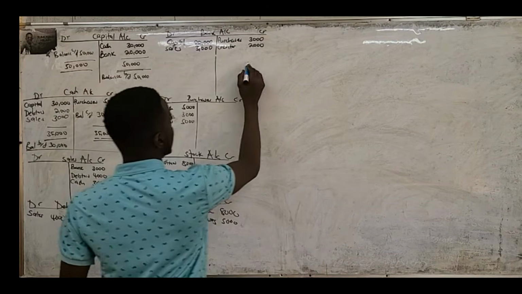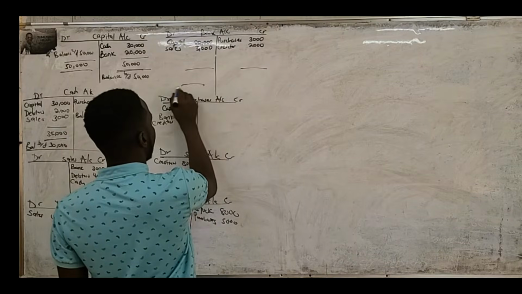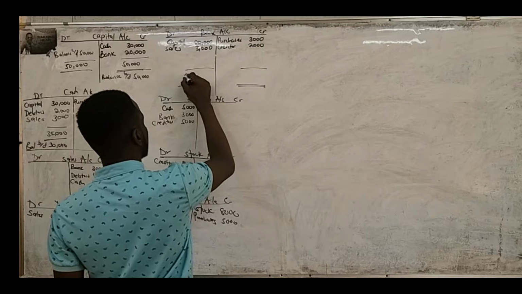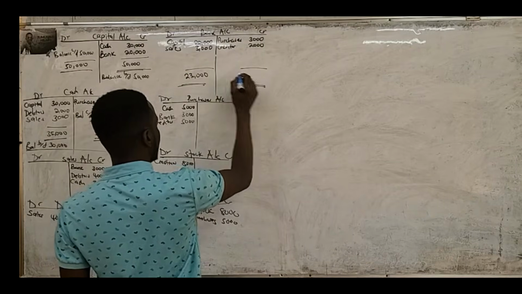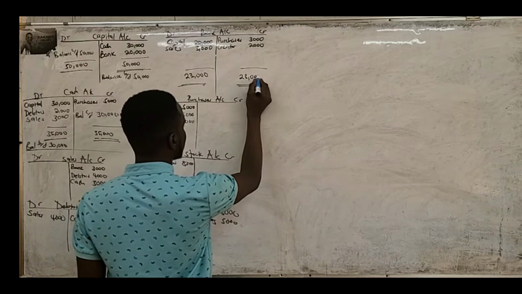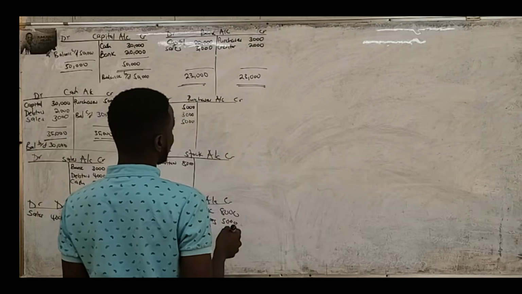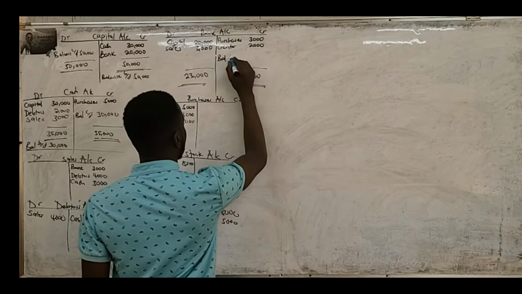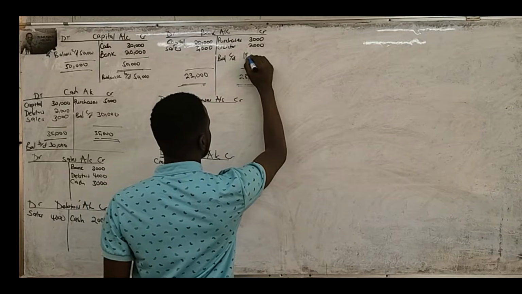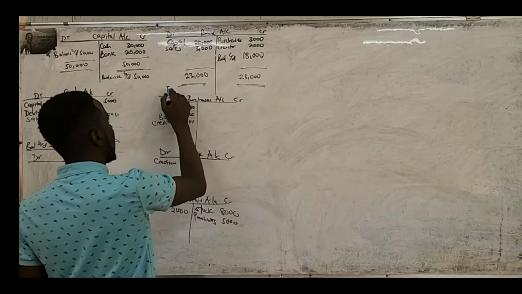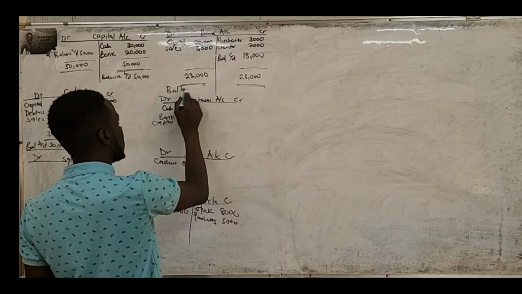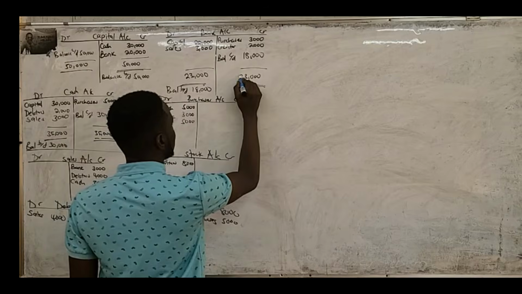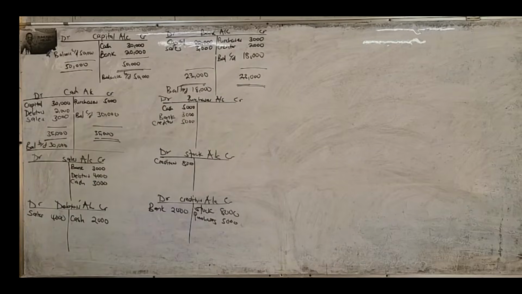Then this still shall come here. Of course, this is 23,000 on both sides. Then what we are going to do is take the difference, and therefore our balance carried down will be 18,000, and our balance brought down will be 18,000. So by us doing this, we are done balancing off.